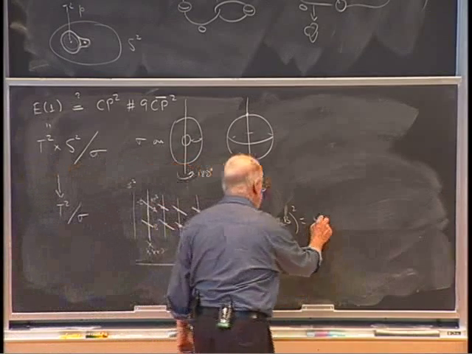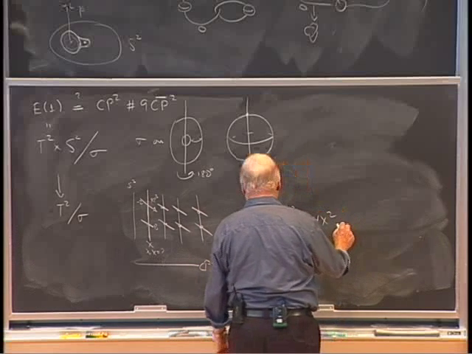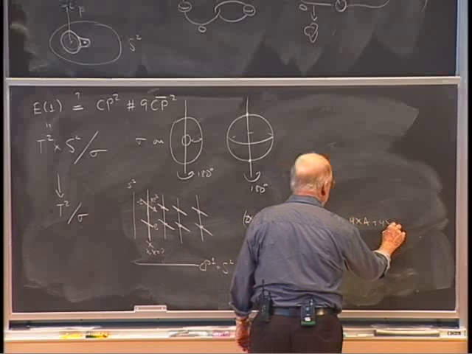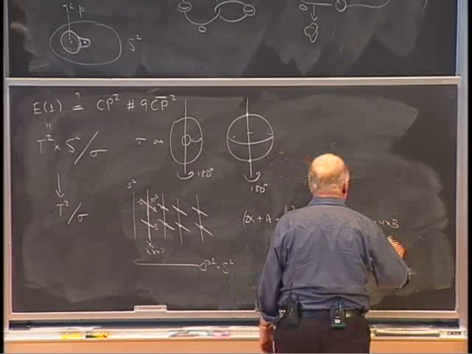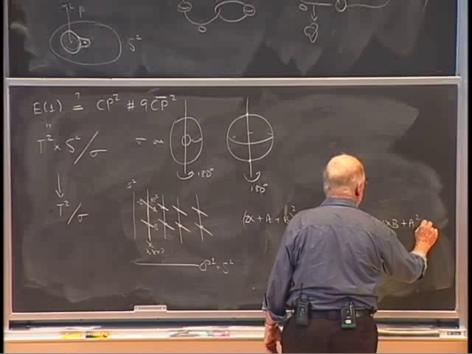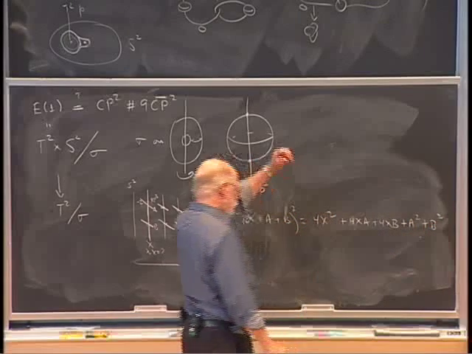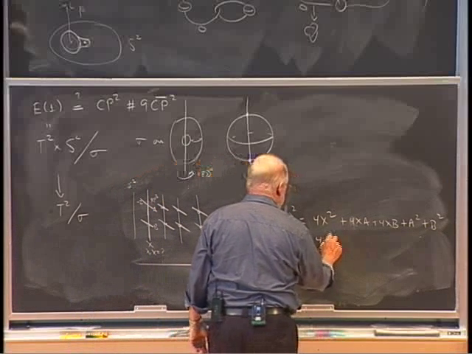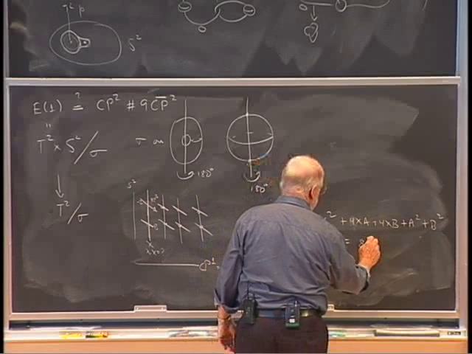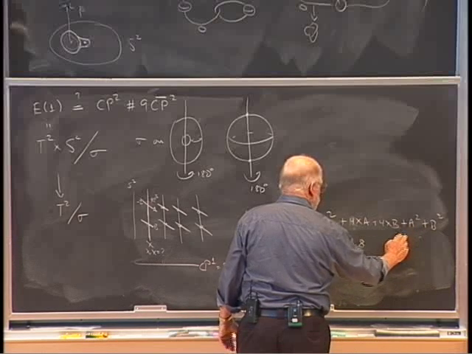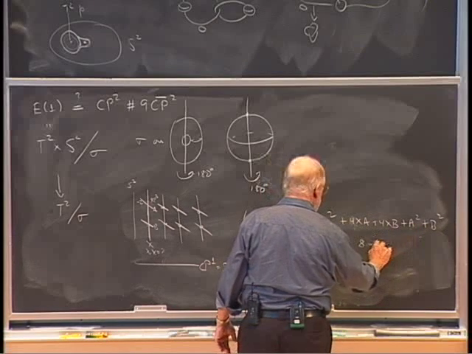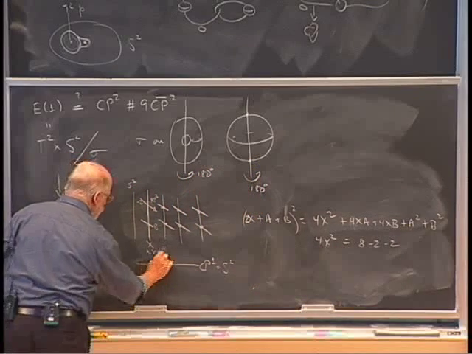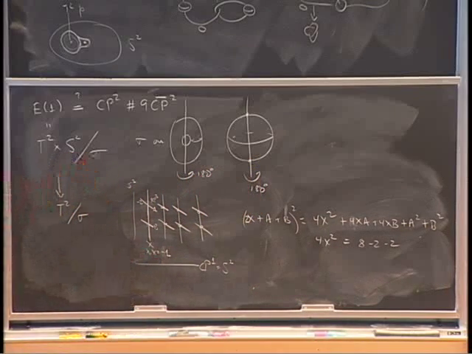So when you do this, you get 4x squared plus 4xa plus 4xb plus a squared plus b squared. There's no intersection of a and b. And so this is the unknown. 4 times is just 8. Yes, -2 minus 2. And so x has to be -1. So you can always work these things out that way.